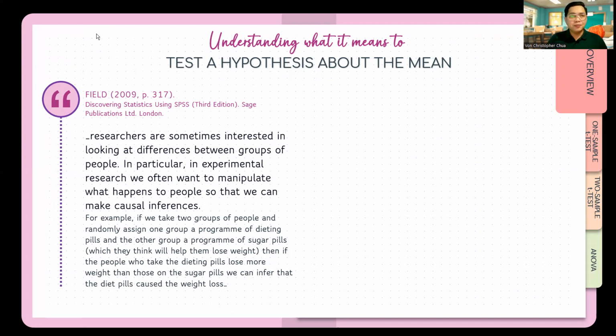For example, if we know that the mean height of Filipino teenagers is, hypothetically, around 60 inches, and then you gather a group of basketball players and identify their sample mean to be around 70 inches, then one of the things that you can do with testing a hypothesis about the mean is to determine whether or not the 70 inches and the 60 inches are significantly different from each other.